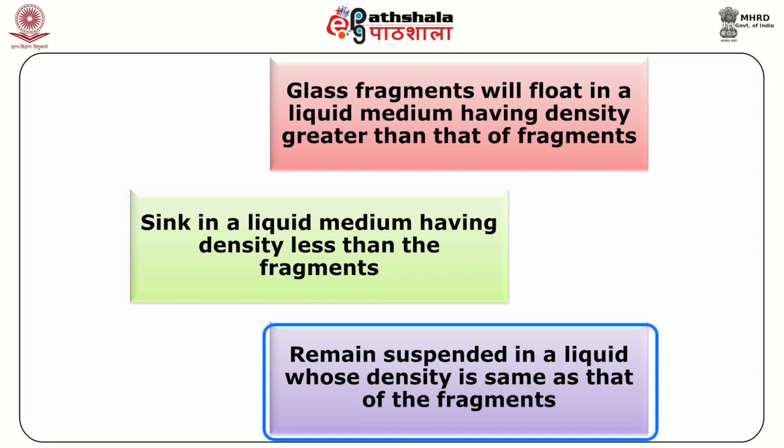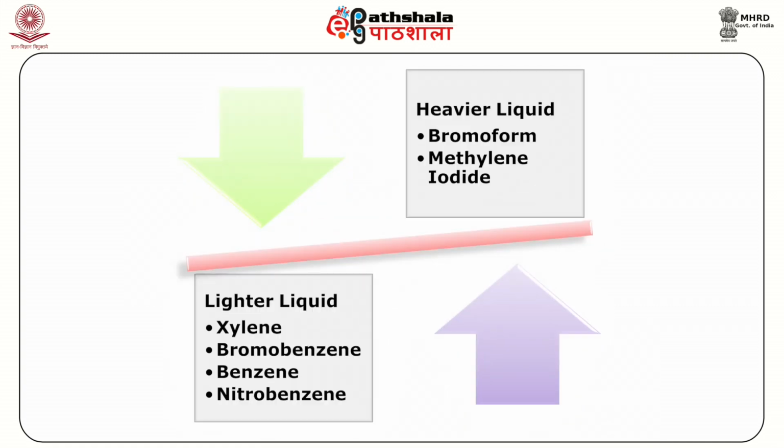These methods are so accurate that they can distinguish glass particles that differ in density by 0.001 gram per cc. For the heavier liquid, bromoform or methylene iodide is used. For lighter liquid, xylene, bromobenzene, benzene, or nitrobenzene is used.